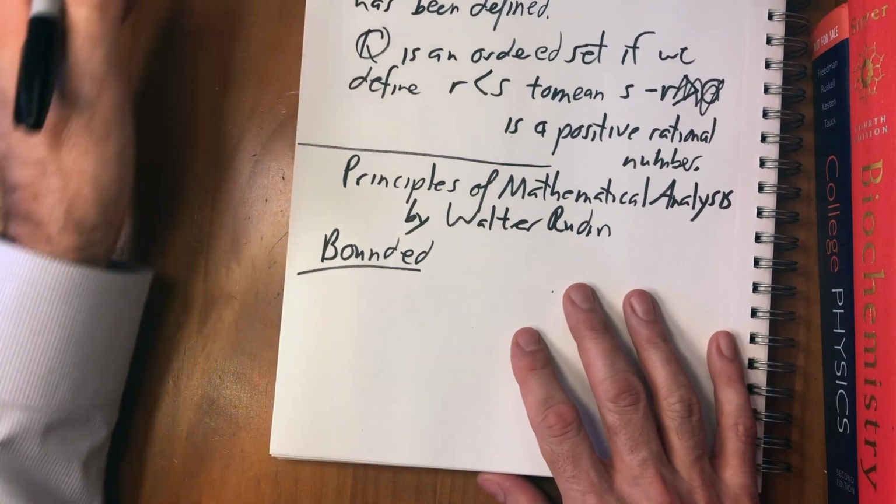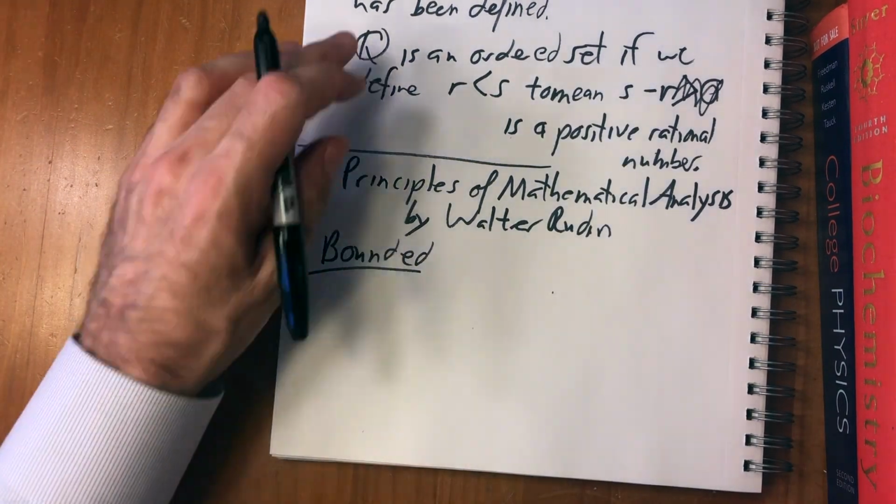So the next thing we have to define is what bounded means. Again, this is all stuff that we already talked about when we were looking at the rational numbers.